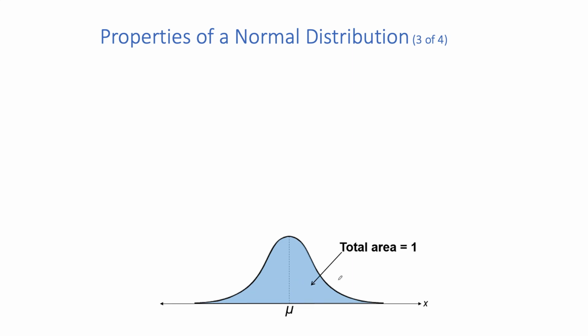Okay, so let's talk about some properties of the normal distribution. First of all, a normal distribution is symmetric. We already know what symmetry means. Symmetry means that if I draw a line through the center of this distribution, then the entire distribution cleaves into two equal halves, which look like mirror images of each other.